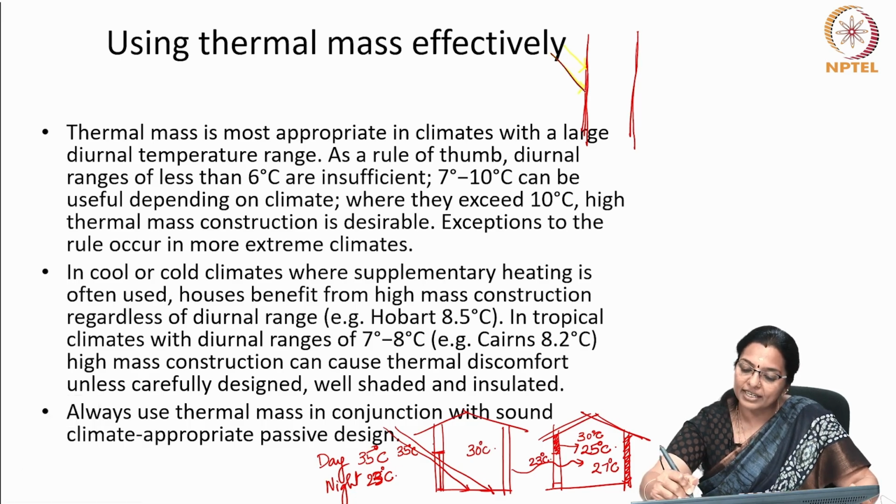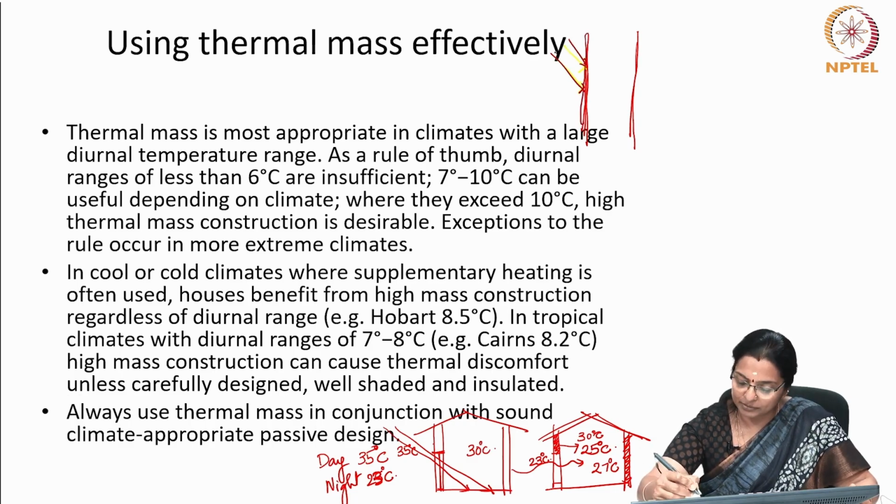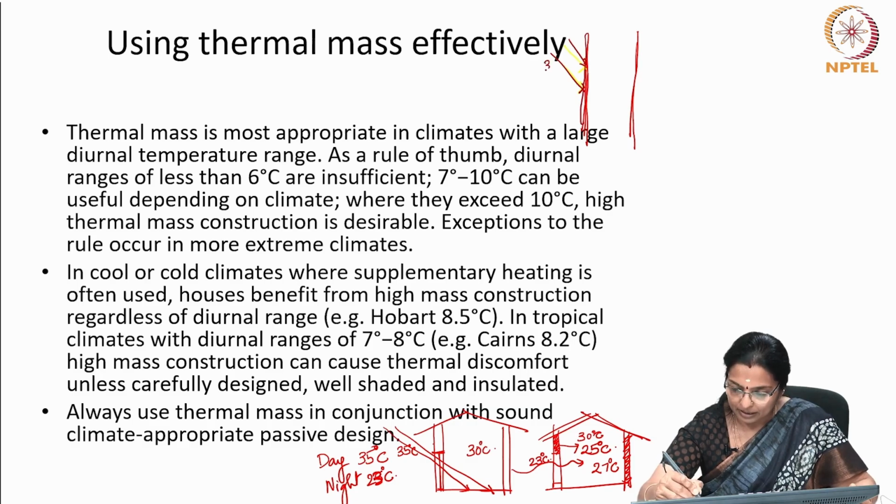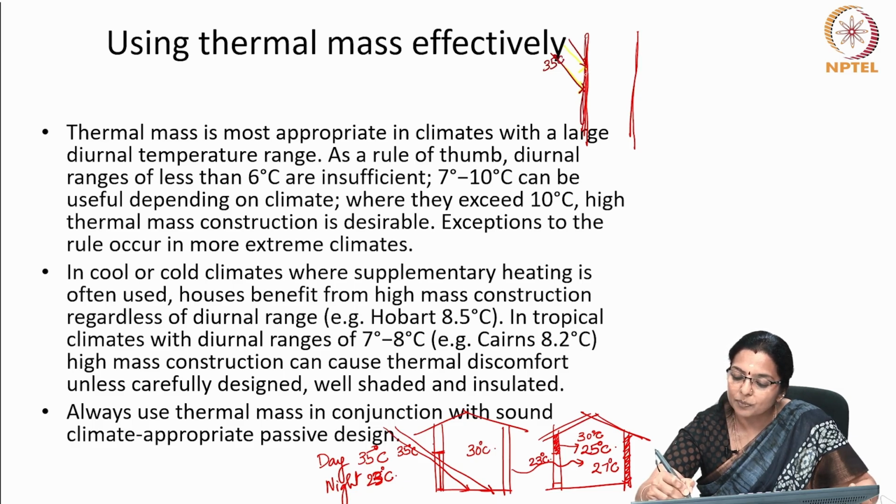assuming solar radiation strikes the wall, the first layer of air gets heated up. Suppose the solar radiation strikes at 35 degrees centigrade, the first layer of air gets heated up, which passes the heat to the first layer of the wall.